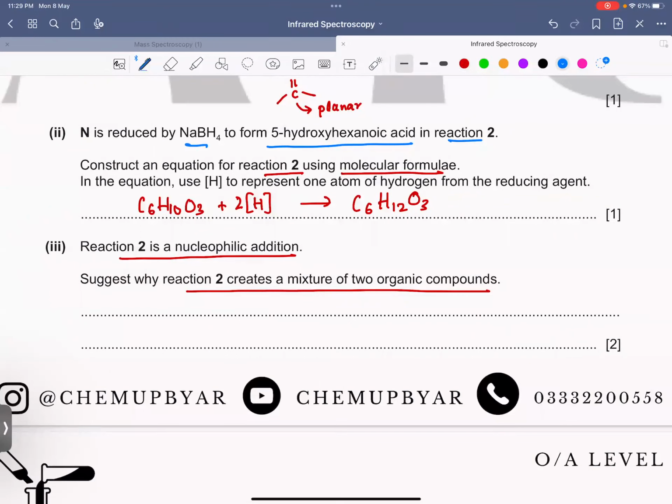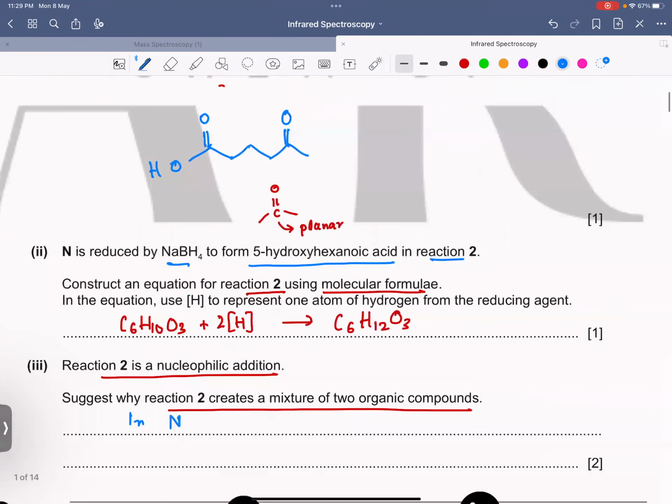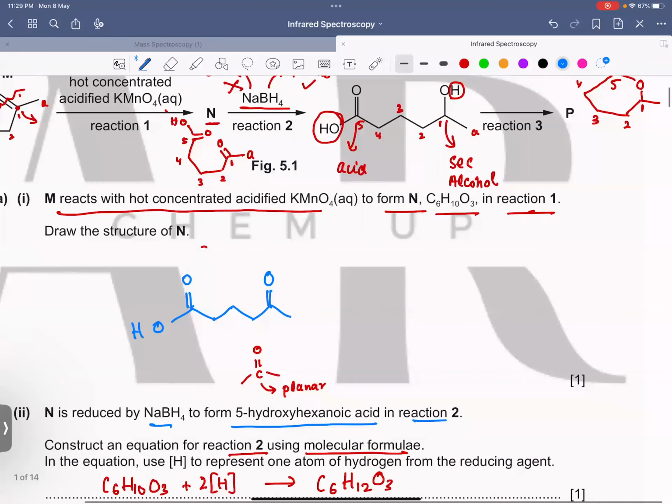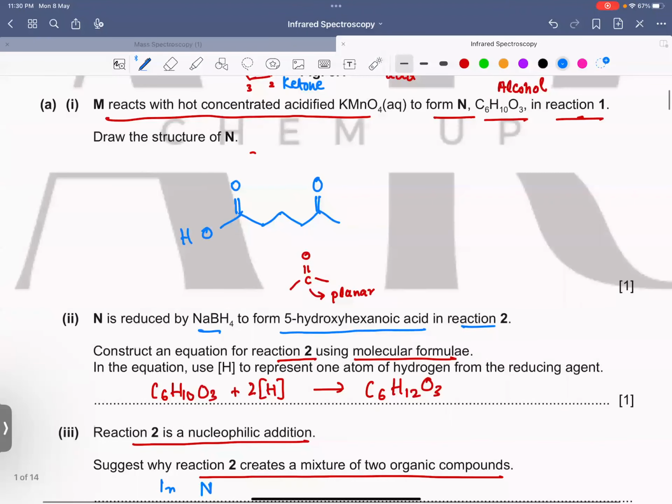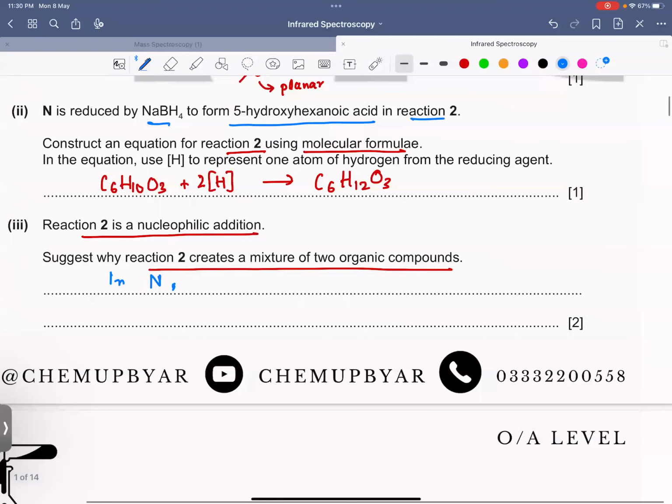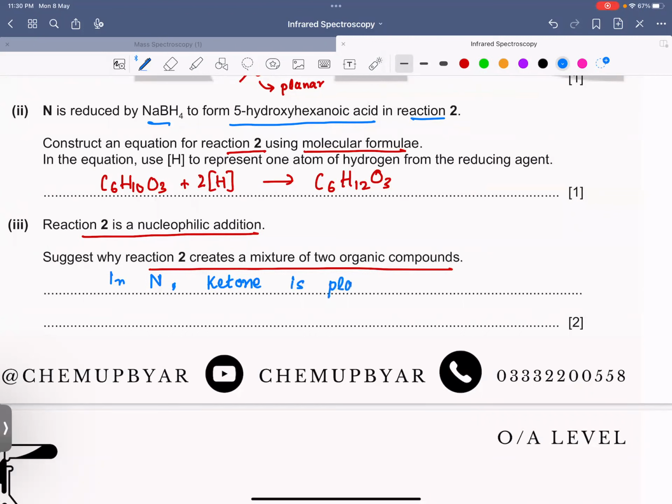So I would write in N, here this is N, and in N we have one ketone group, right? Ketone is planar.